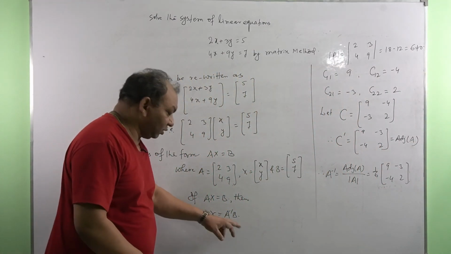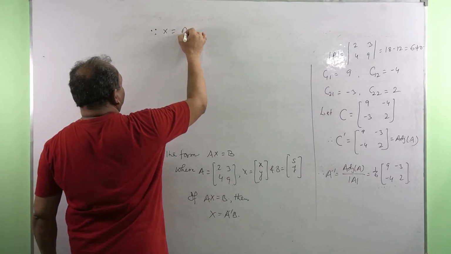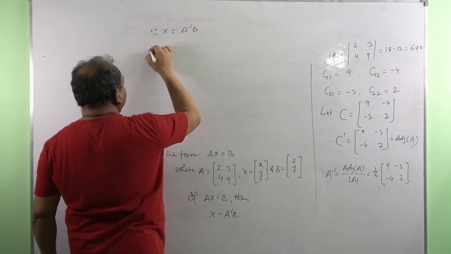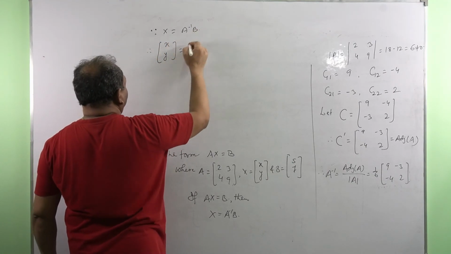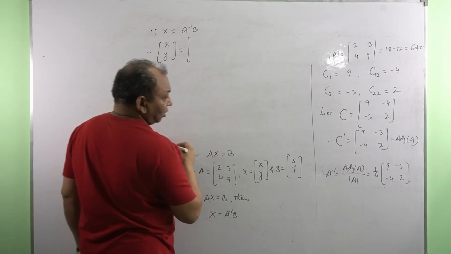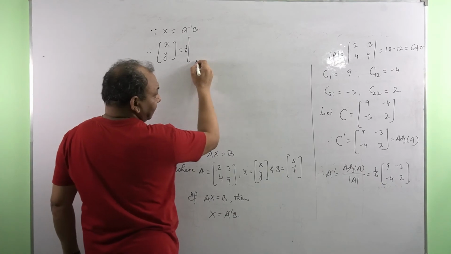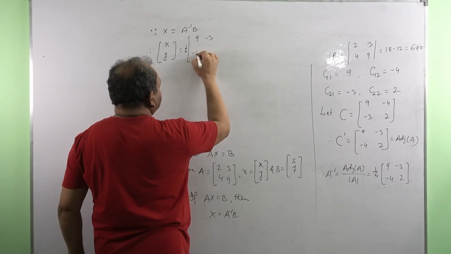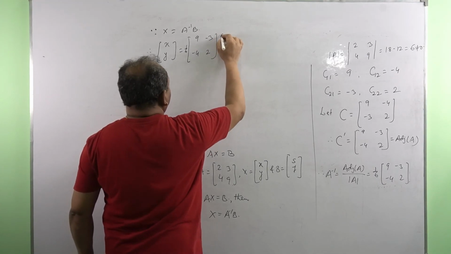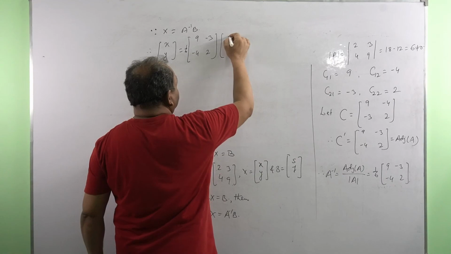Now use this formula. Since X is equal to A inverse into B, therefore the column matrix x, y is equal to A inverse, which is 1 by 6 into 9, minus 3, minus 4, 2, multiplied by the column matrix B, which is 5, 7.